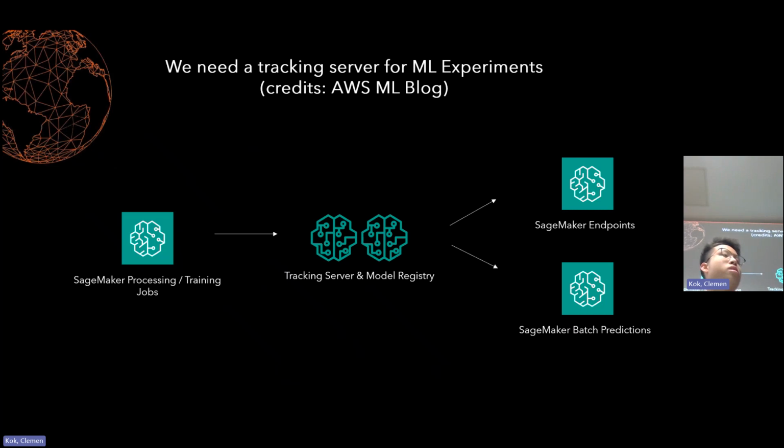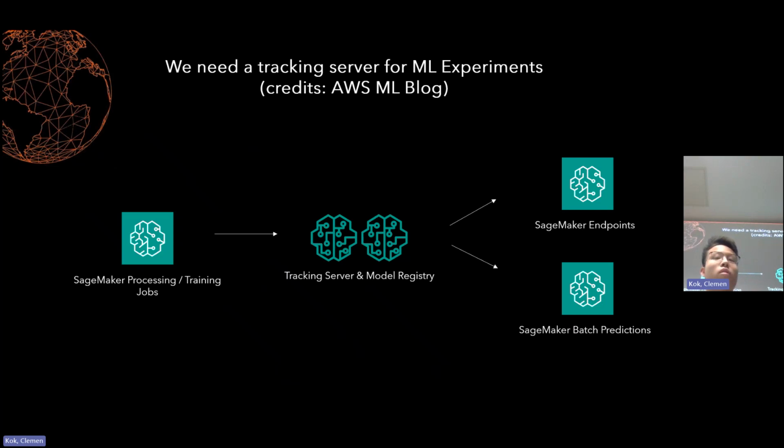In this project, what we want to do is have a tracking server for ML experiments. So when we have training jobs, for example, when we train our model on a certain set of data, we want to track this training job somewhere. We have this model registry in SageMaker, as well as track these different training runs using MLflow.